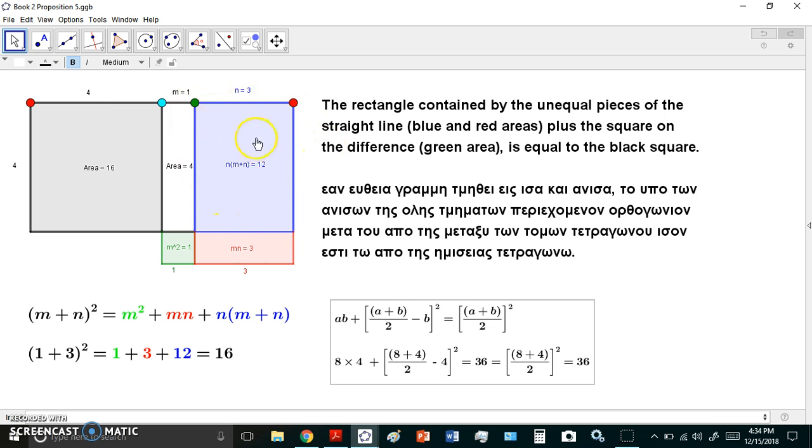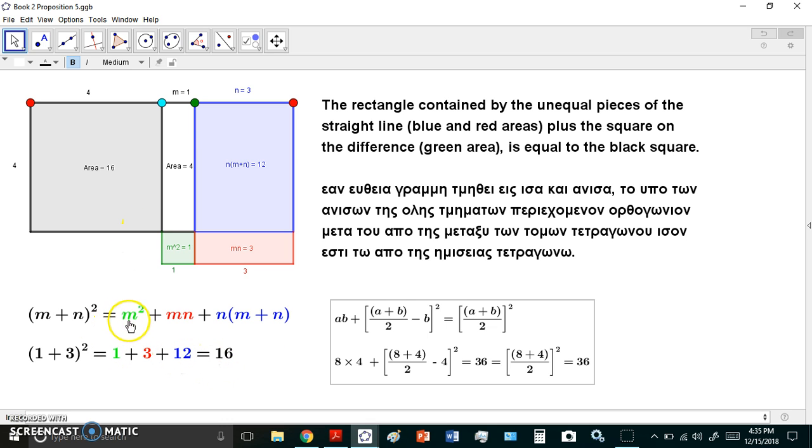This here, blue and red, is the rectangle contained by the unequal pieces, okay? The blue and red areas, plus the square on the difference, which is this green square, is equal to this black square here. That's what it's saying. None of this rubbish here, which is basically just a consequence of the simple proposition.